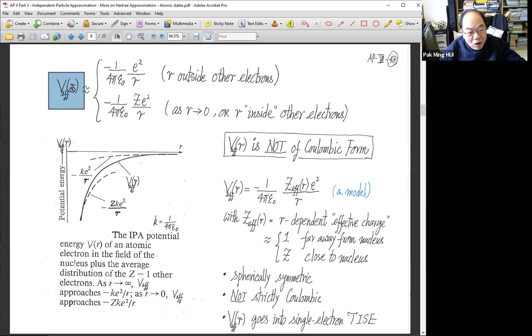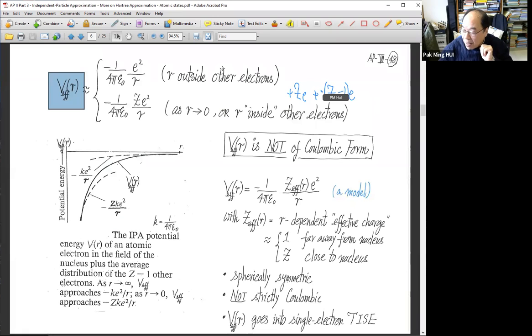When it is very far from the nucleus, all the Z-1 electrons will be inside this position. Therefore, the net charge is just 1, right? Because I have plus Ze, and then I have Z minus 1 electrons, so minus e.